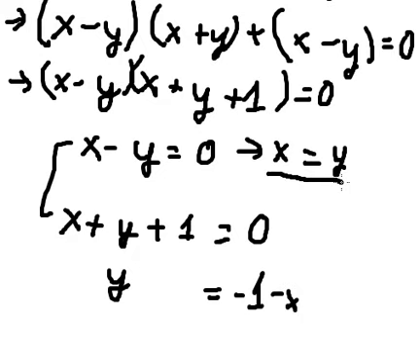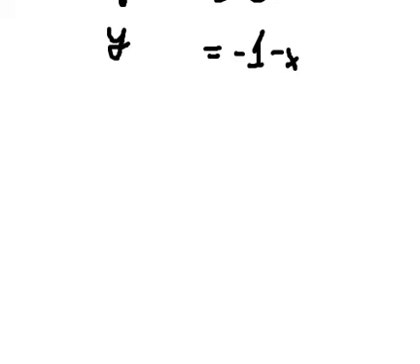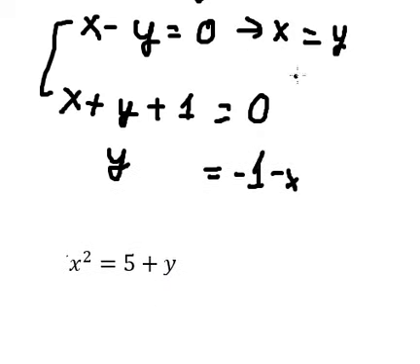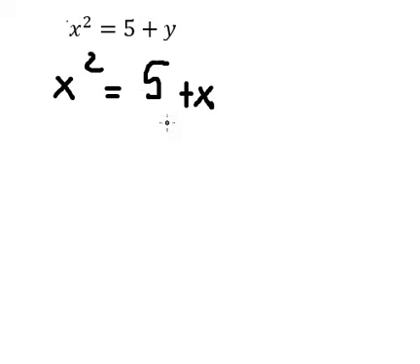So I will go to the first one. So I select one equation, and now I need to change y into x. So I will put this one in here.